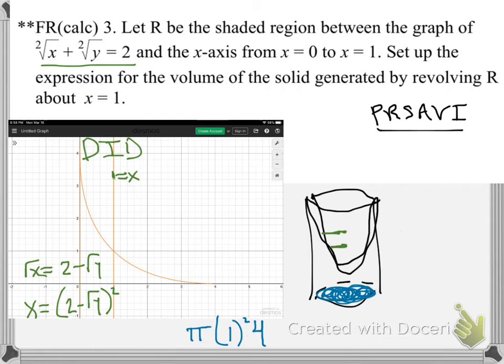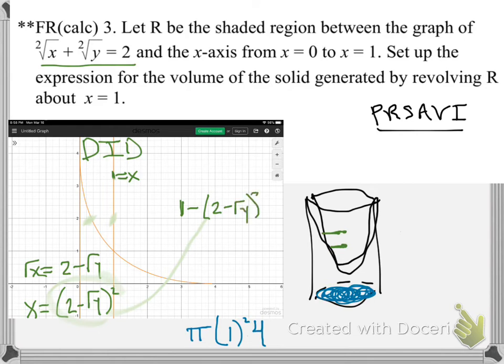So I want to take the x value out here and subtract the x value back here. So I want to take 1. See, I need some room to work. 1, and I'm going to subtract my other x value, which is all this stuff right down here. So I'm going to go ahead and subtract that.